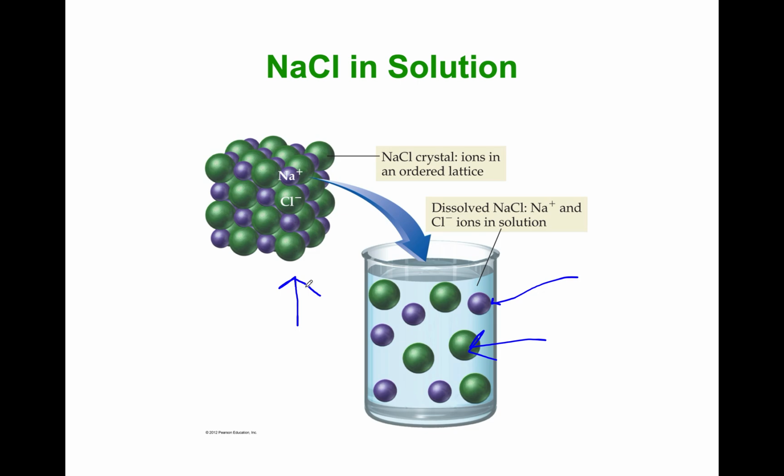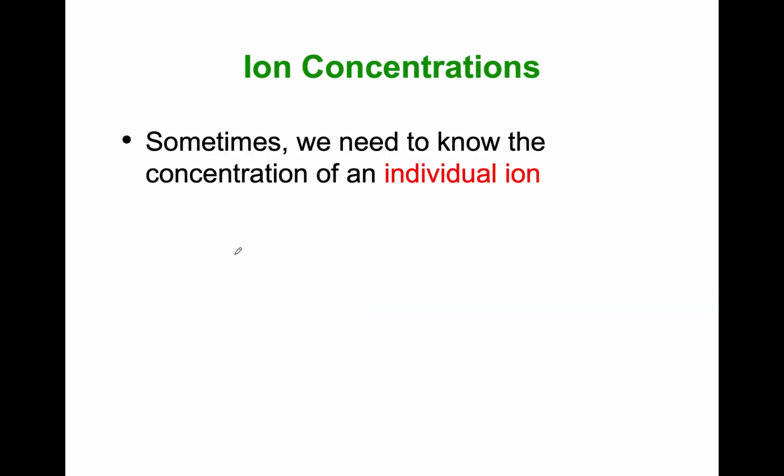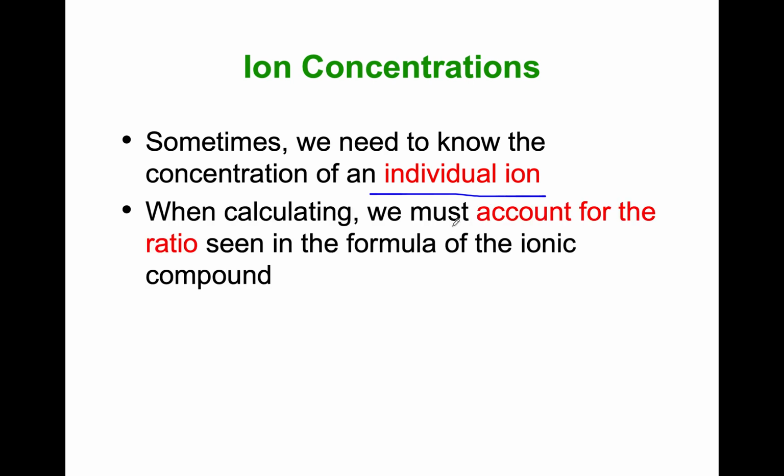Okay, so now we've been talking about concentration. Well, what happens? How much is dissolved? What's the amount of chloride versus the amount of sodium? So that's the next piece. Sometimes we need to know specifically how much chloride is in there, how much sodium is in there. So we can do these calculations now based on stoichiometry and based on the formula.